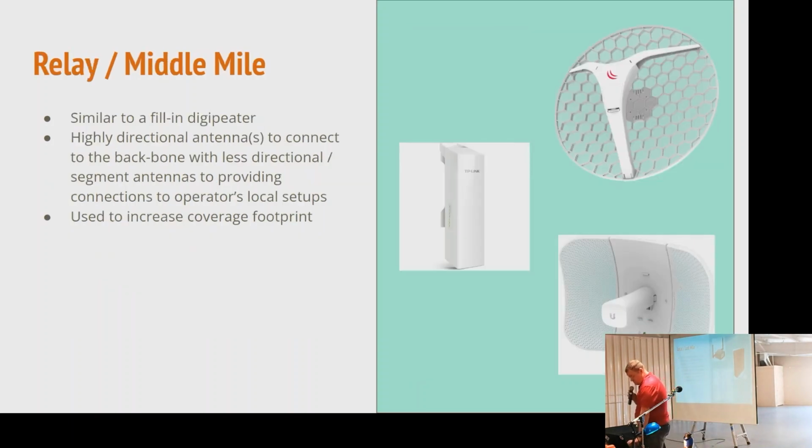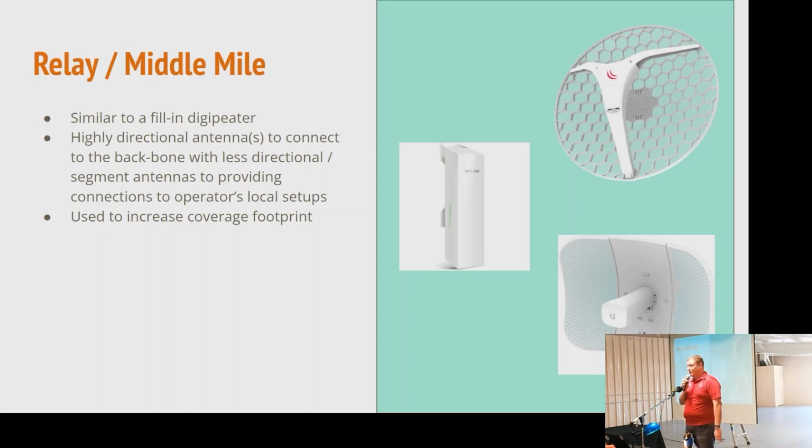As we go up, we start looking at the relay, or that middle mile. Think 3 to 10 miles is what's recommended in this case. It's really dependent on terrain. We'll talk a little bit about it later. But this is how we start filling in and connecting different operators together.